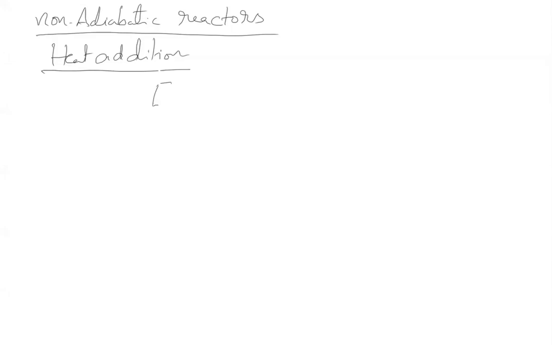Enthalpy in is equal to enthalpy out plus enthalpy released in the reaction. Heat addition, say you are adding Q. Should you add Q to the inlet or outlet? Inlet, because inlet is what is coming into the system. So enthalpy coming into the system plus the heat you have added is equal to enthalpy out plus enthalpy of the reaction.